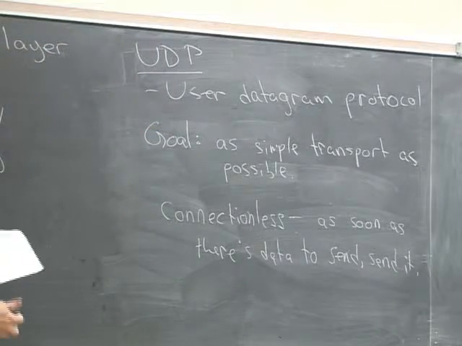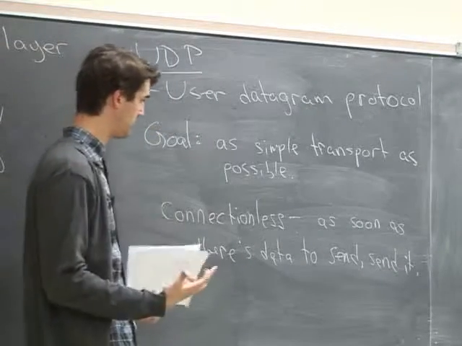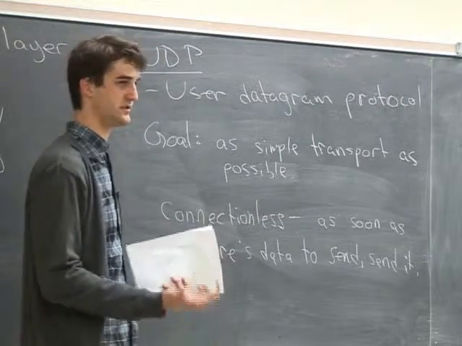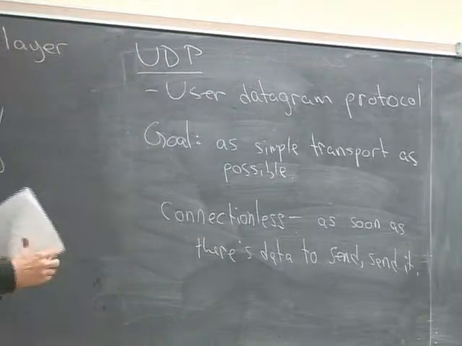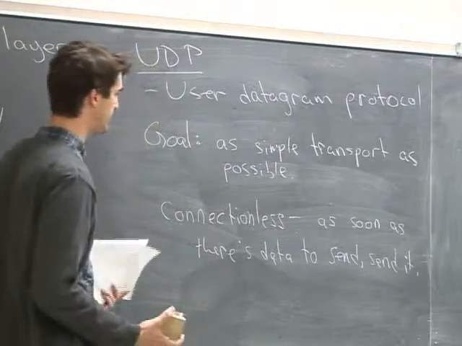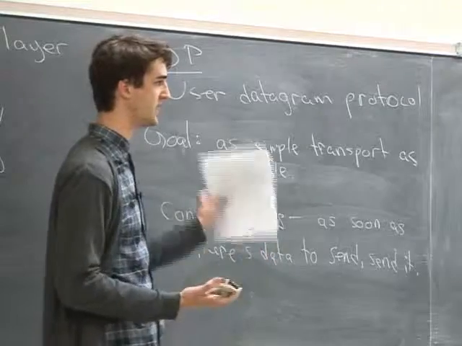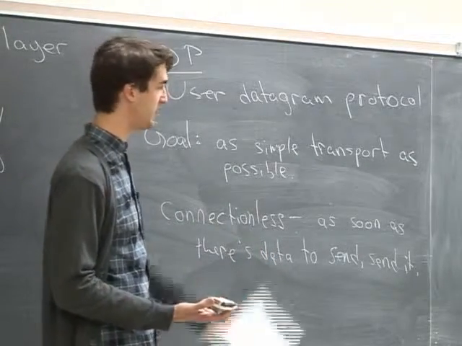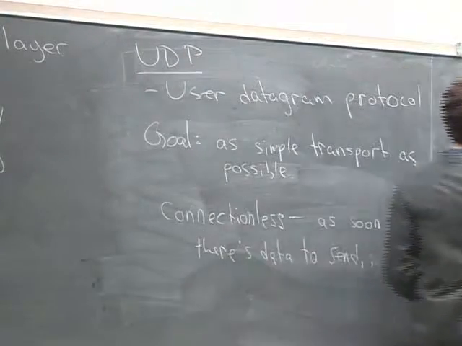Okay. You'll see, we will talk about this protocol called TCP, and you'll see that TCP doesn't do that. Before it sends anything, it establishes a connection between the end hosts. But UDP doesn't do anything like that. As soon as there's data, it just says, okay, I know the source port for this, the source IP, and it sends it, all right?